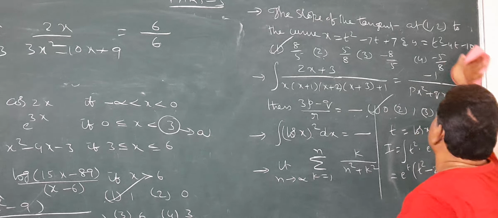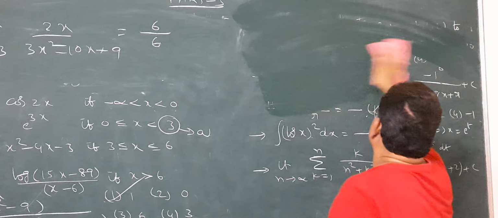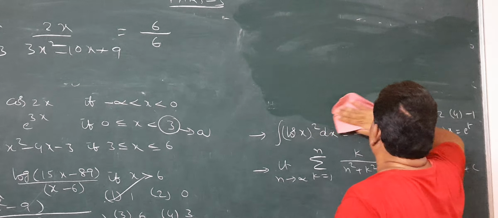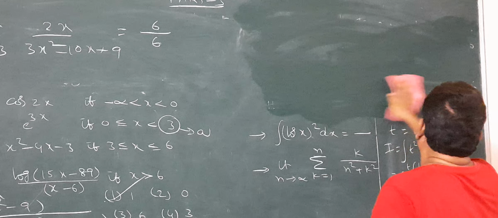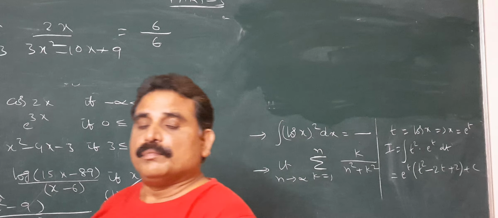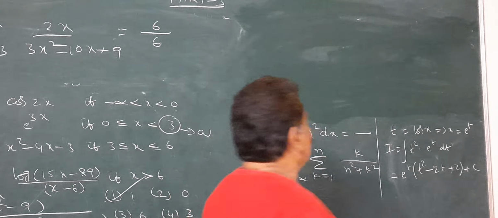The integral of e power x into f of x, where f of x is a polynomial, is e power x into (f of x minus f dash x plus f double dash x minus and so on).